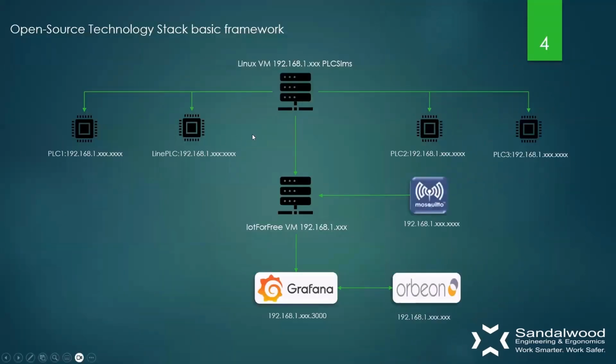Here is how we have it laid out within our lab environment. We have an MQTT broker that's running as an instance on the IoTForFree VM, which is right here smack in the middle. The instance is connected to a Linux VM at the top here, which is hosting these PLC simulators.